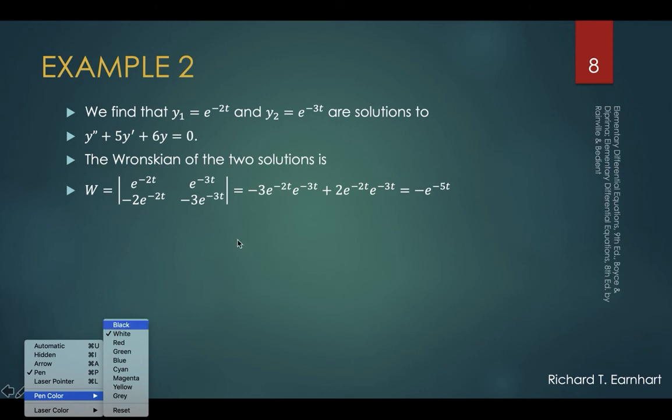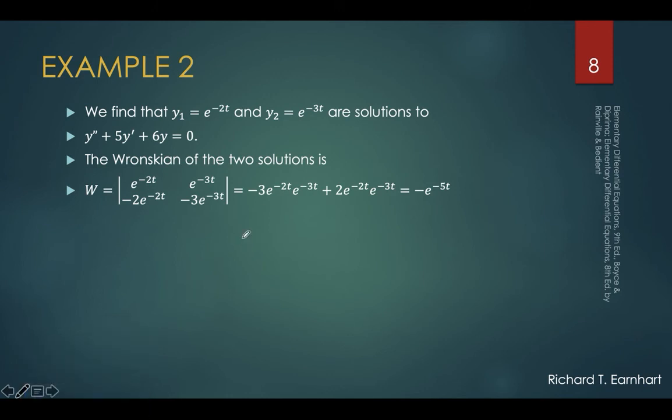Okay, so this is your y1 and then your y2. We get the first derivative of e to the negative 2t, that is negative 2 e to the negative 2t, and the derivative of e to the negative 3t will be negative 3 e to the negative 3t, and then we get the determinant.